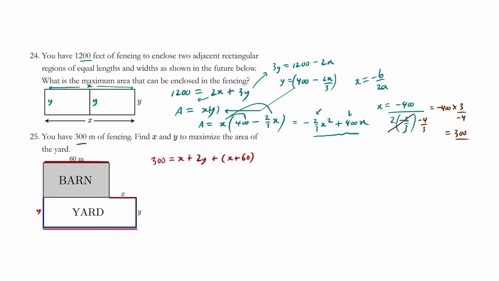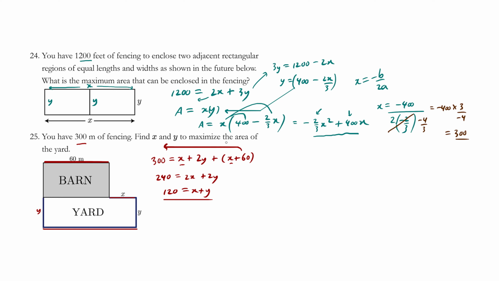You can see there's an x here and an x here. So this becomes 2x plus 2y. And this positive 60, we're going to throw it all the way to the left, which becomes a negative 60. 300 minus 60 is 240. And we're allowed to divide both sides by 2. So we have 120 is equal to x plus y. So this is our first equation.